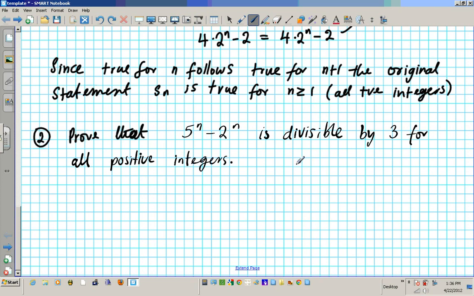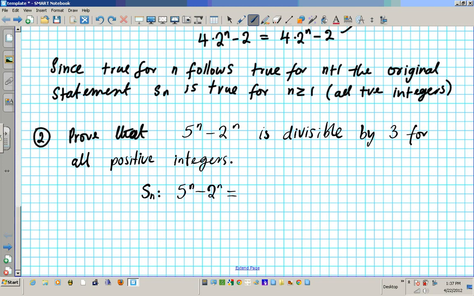So this is written in English form. I like to translate the statement into mathematical form so I can use my formulas to work this out. All right, so how can I write this statement in Sn form? What we're basically trying to prove is the statement Sn, which is that 5 to the n minus 2 to the n is divisible by 3.